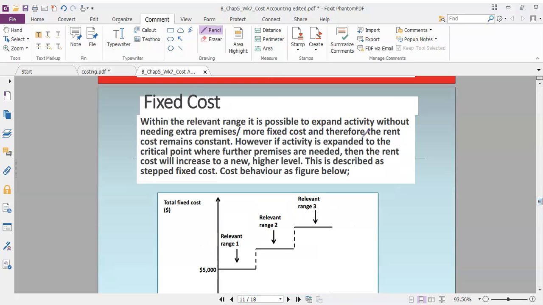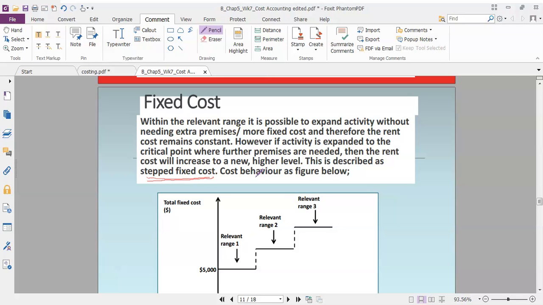More fixed cost and therefore the rent cost remains constant. However, if activity is expanded to the critical point where further permits are needed, then the rent cost will increase to a new higher level. This is described as step fixed cost. Kat sini dia dah beritahu ni step fixed cost. Okay.